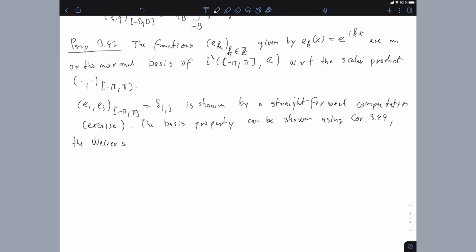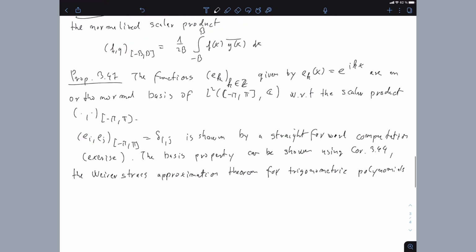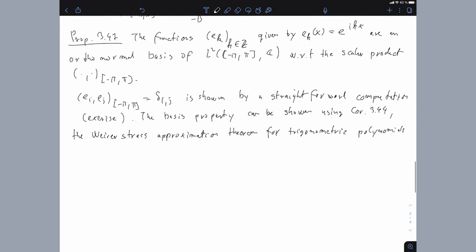The Weierstrass approximation theorem for trigonometric polynomials, together with the denseness of the continuous functions in L2.